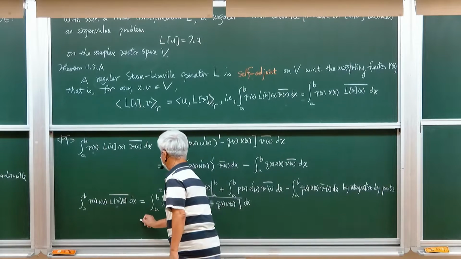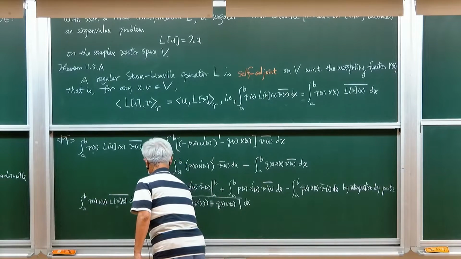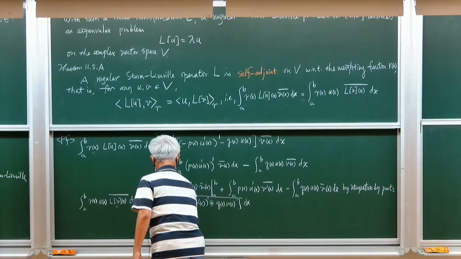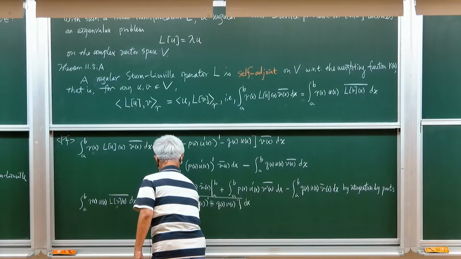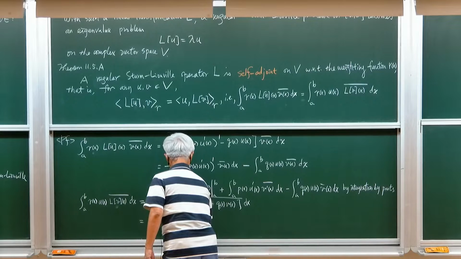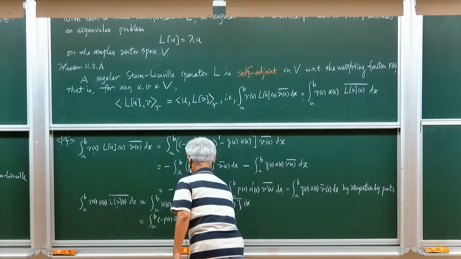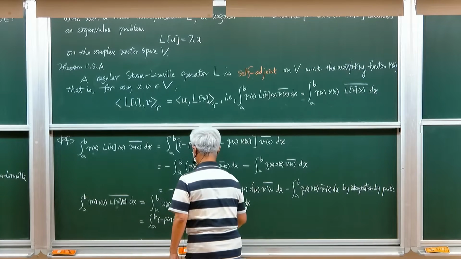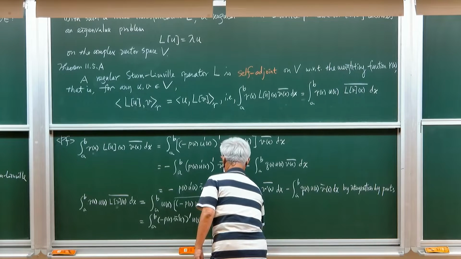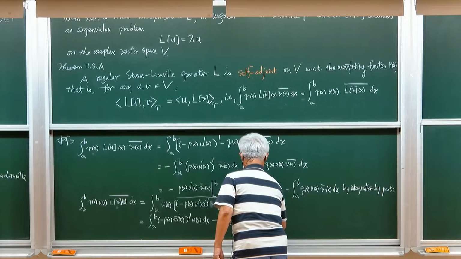Okay, and now we have two terms. So we have the integral from a to b of minus P of x and v bar prime of x, prime, and u of x dx, minus the integral from a to b of Q of x, u of x, and v of x bar dx.